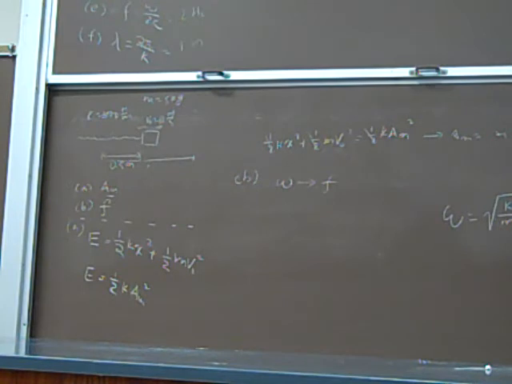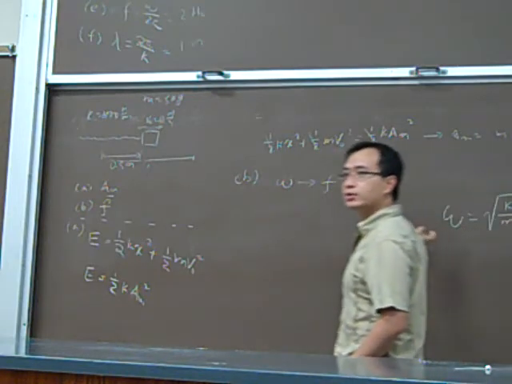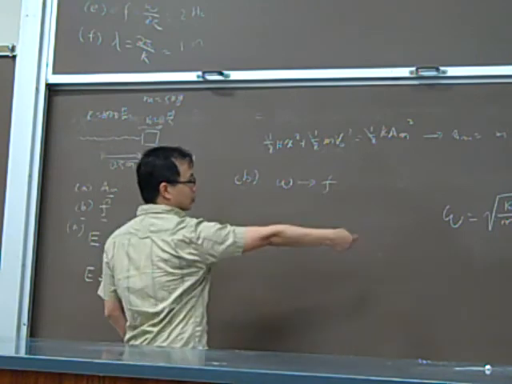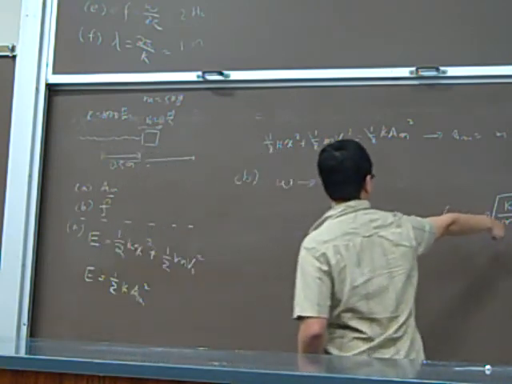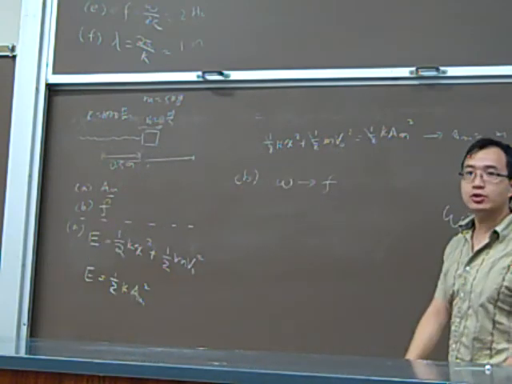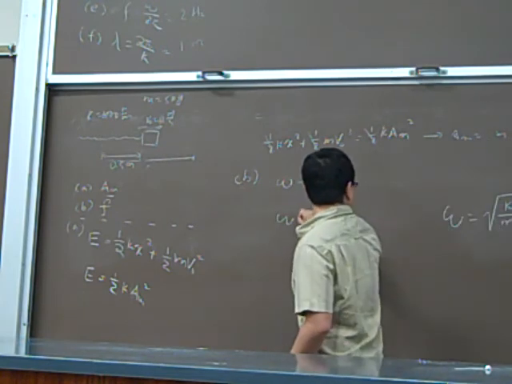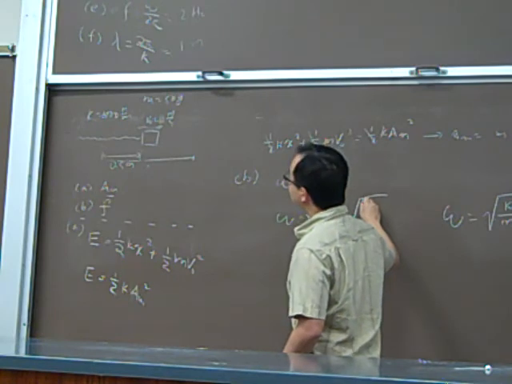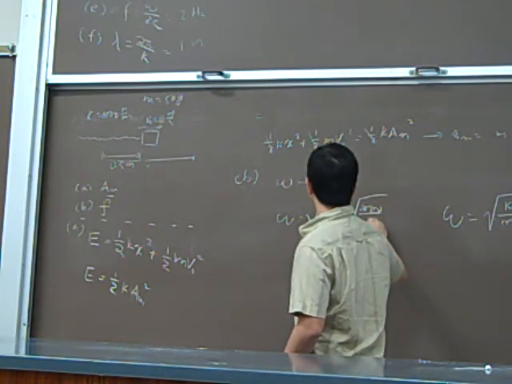It is k over m; I was looking at the one for period. So you know k, you know m, and you can calculate the square root of 1000 over 5.